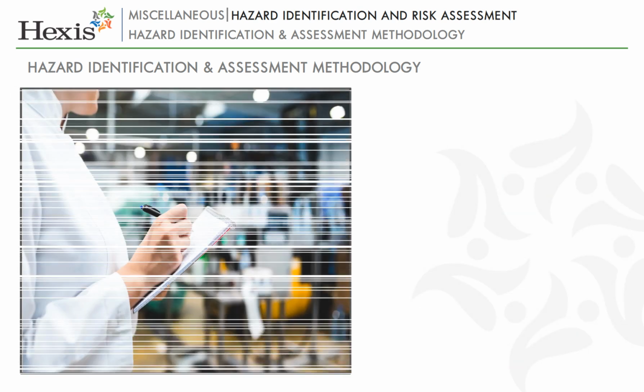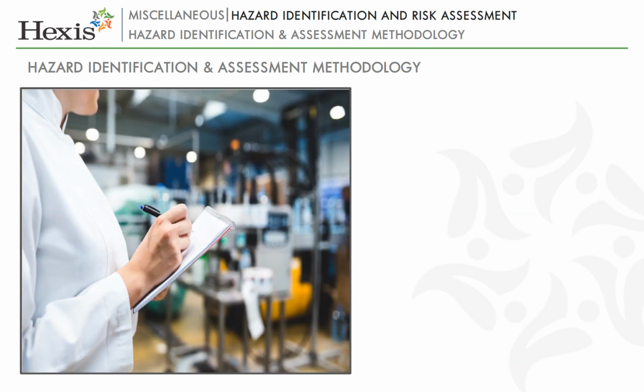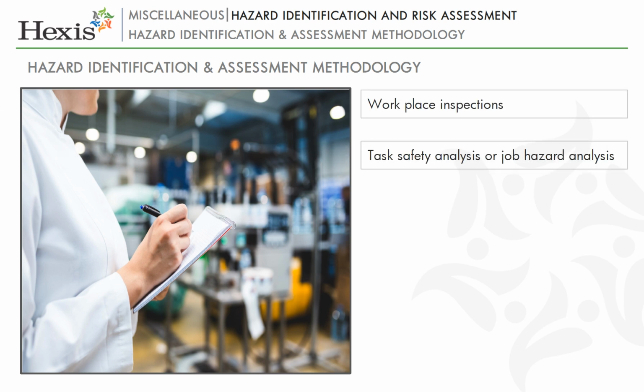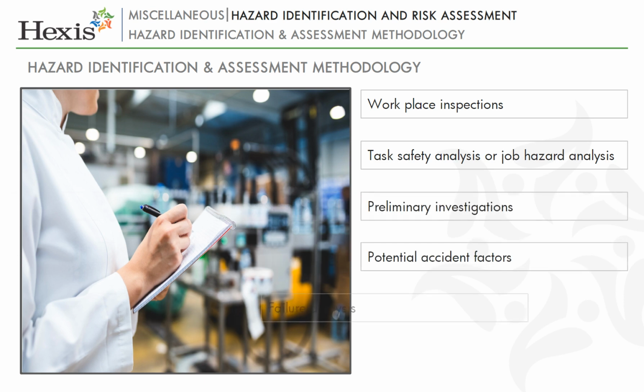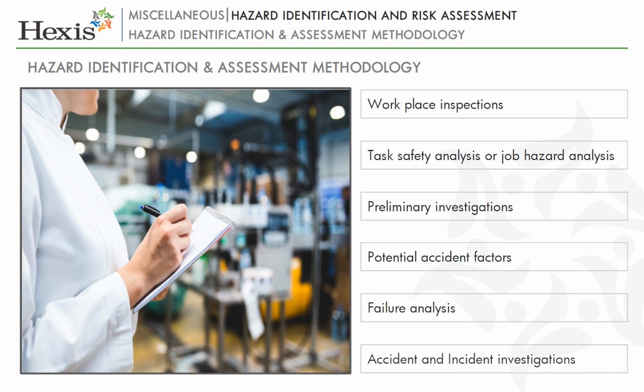To complete hazard identification, one can use techniques to identify hazards. Some examples of techniques include, but are not limited to, workplace inspections, task safety analysis or job hazard analysis, preliminary investigations, potential accident factors, failure analysis, accident and incident investigations.